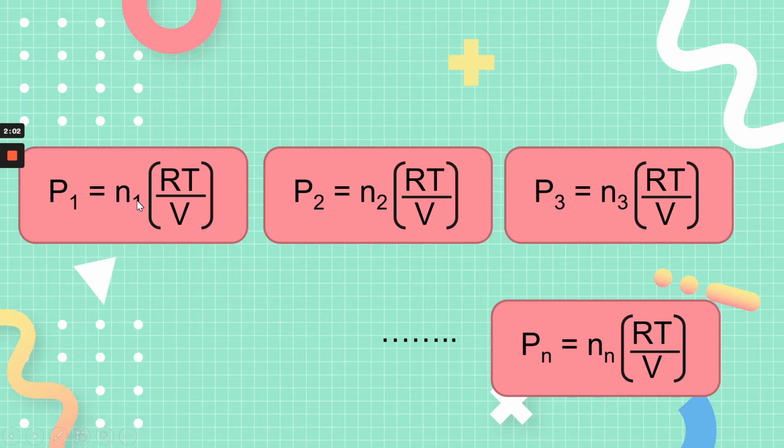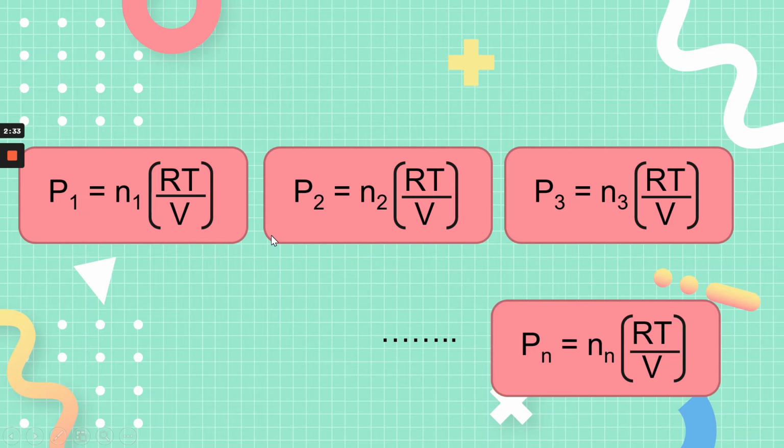The individual pressures of the various gases in the mixture, we can call them P1, P2, P3, and so forth, are called the partial pressures. It refers to the pressure each individual gas would exert if it were alone in the container.